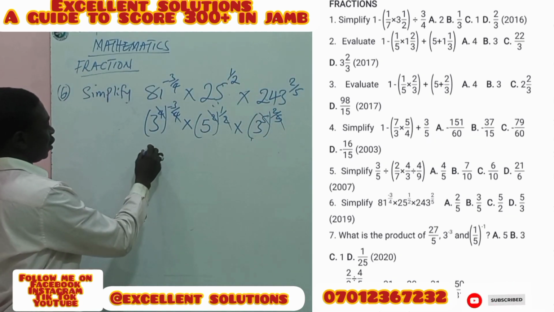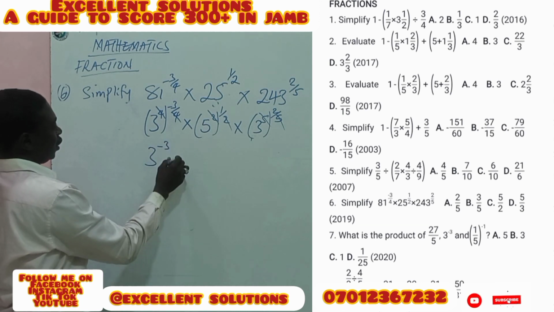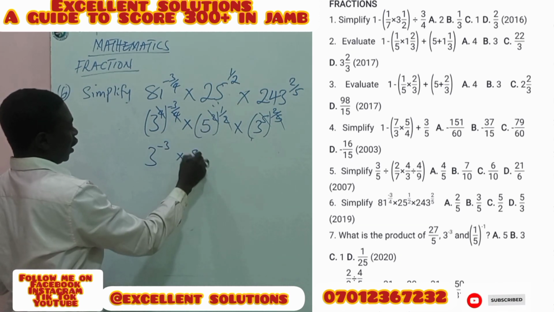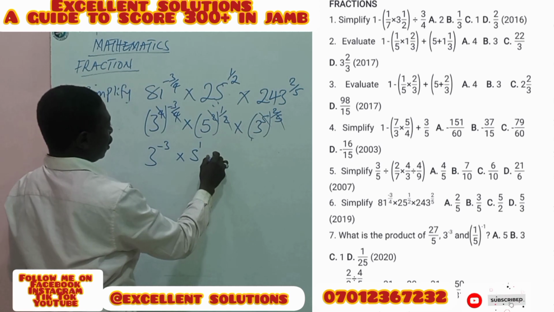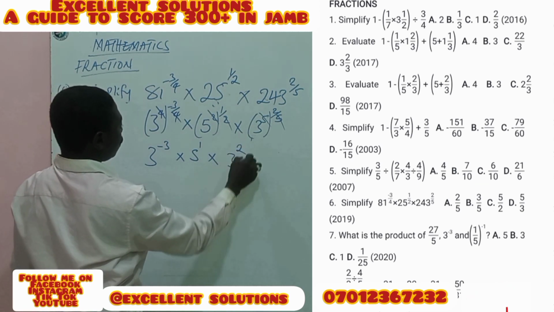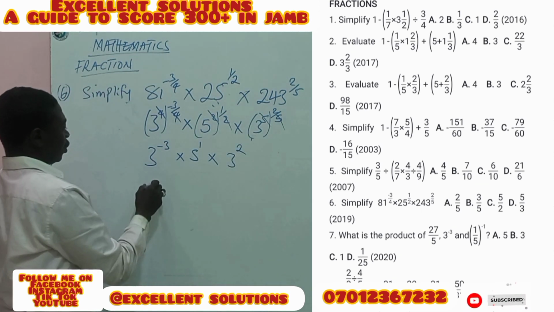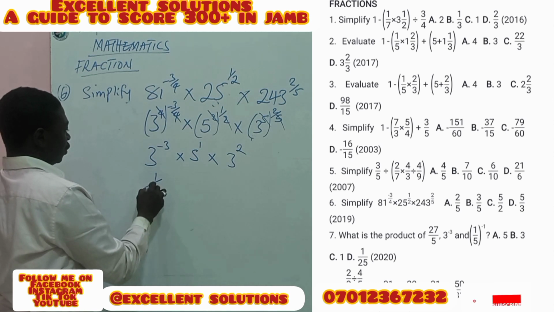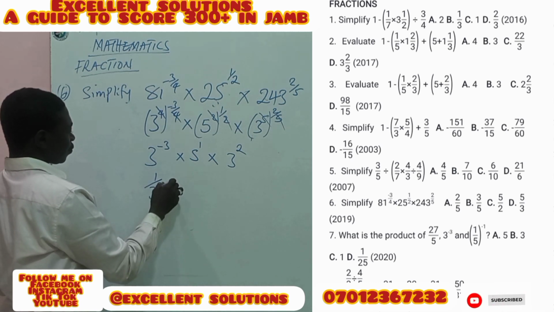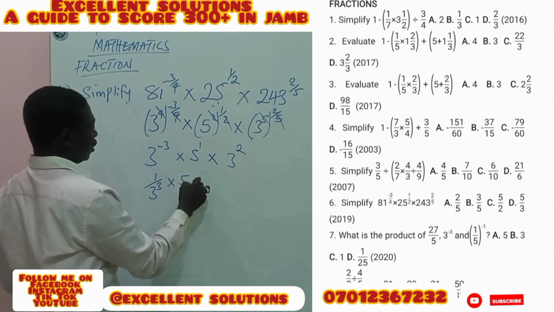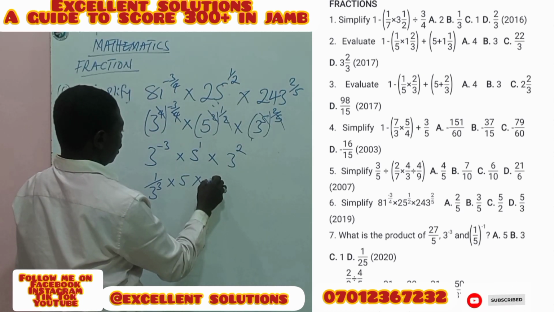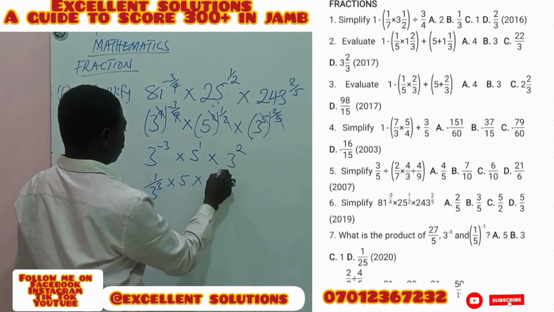So we are left with 3 raised power of minus 3 times 5 raised power of 1, then times 3 raised power of 2. So this now becomes 1 upon 3 cubed times 5 times this one give us 3 square.